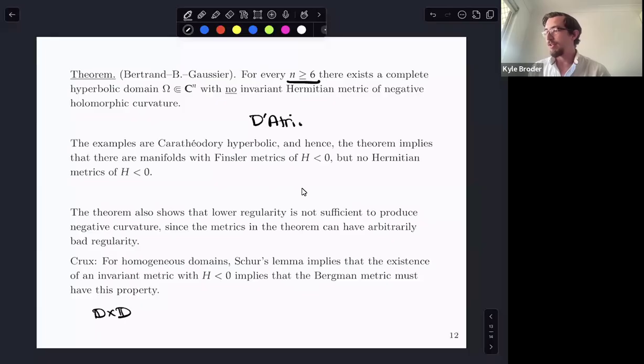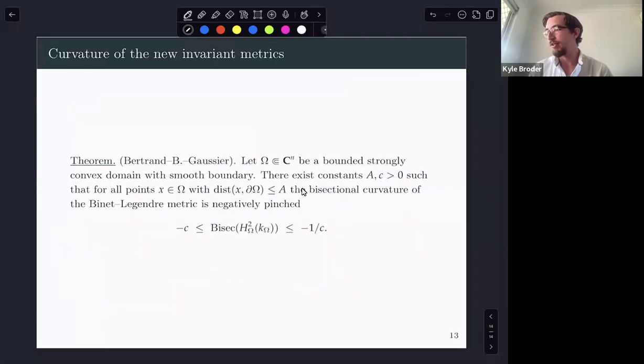One of the things about the fact that we have such an explicit expression is that we can now apply what are called scaling techniques to show that on a class of convex domains, there are very strong negative curvature properties near the boundary.